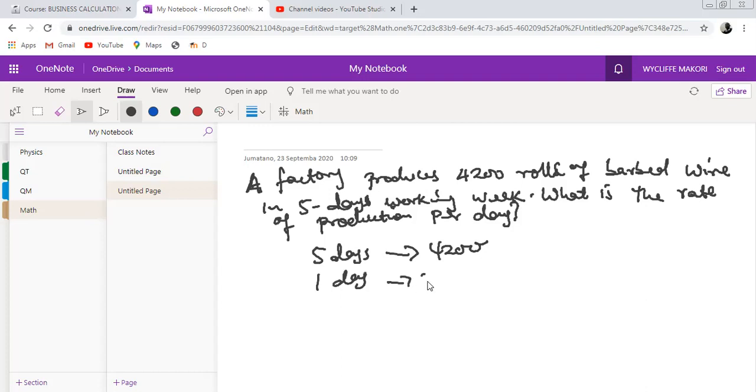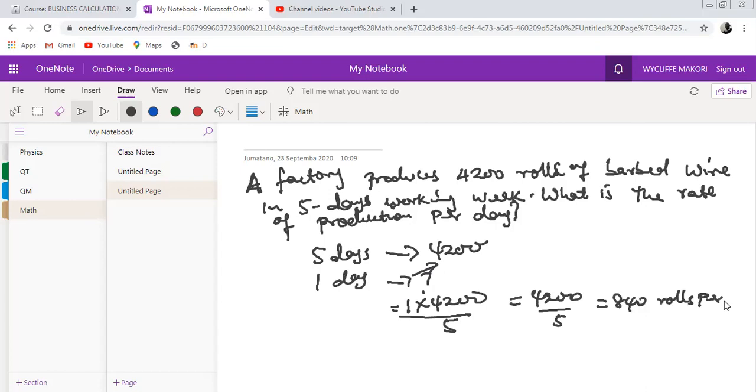If you cross multiply, it is 1 times 4,200 over 5. This is the same as 4,200 over 5, which gives you 840 rolls per day. That is the rate of production per day, 840 rolls per day.